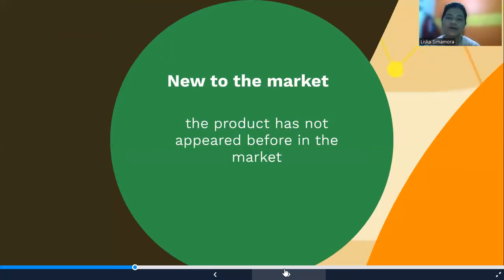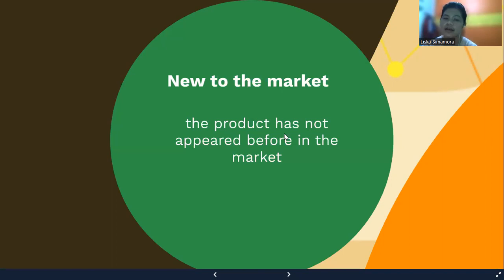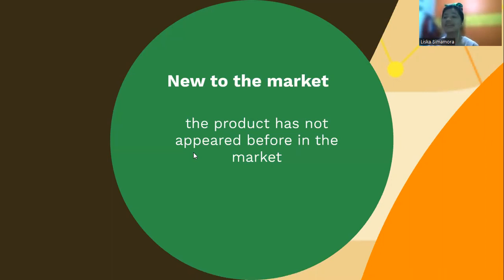So that is different, right? Because new product is not only based on existence. For example, previously there was no Instagram, and now we have Instagram, so Instagram is new. Not only like that, not only based on existence. New to the market is the product has not appeared before in the market, but we don't know whether it has appeared in another market.